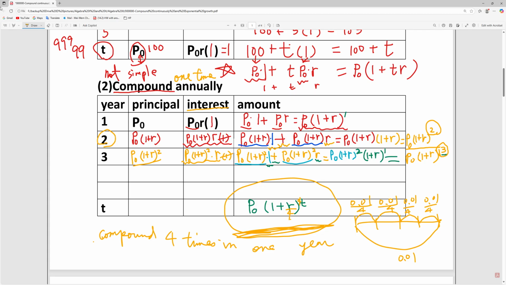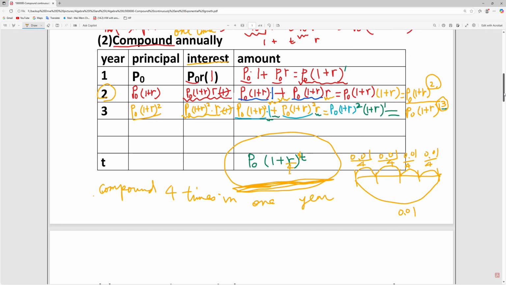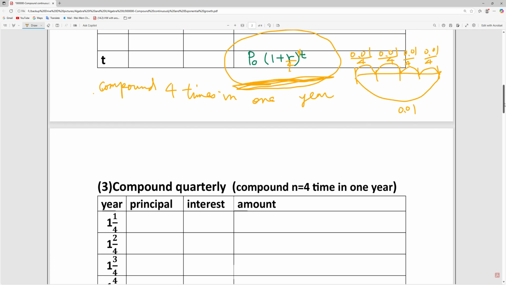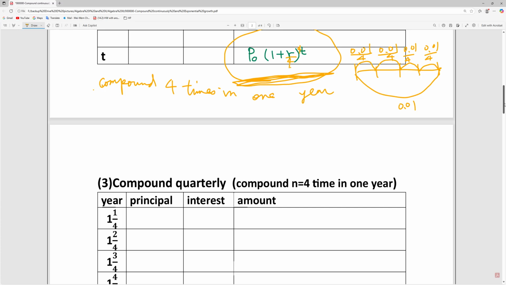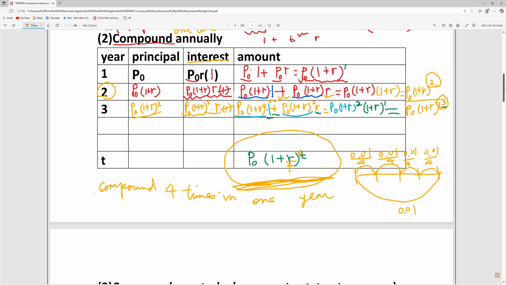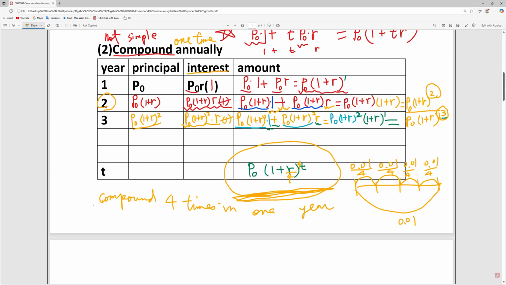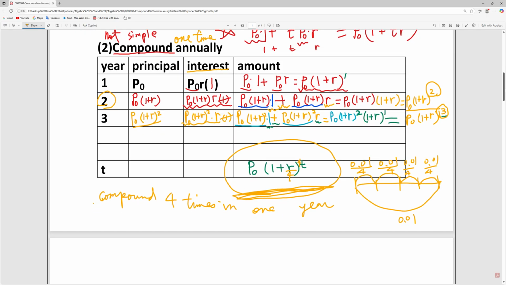Okay, so the next chart is very similar to the calculation we have here. You can just copy the calculation here, but you change your rate to R divided by 4.